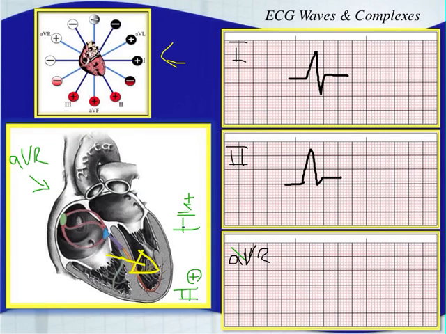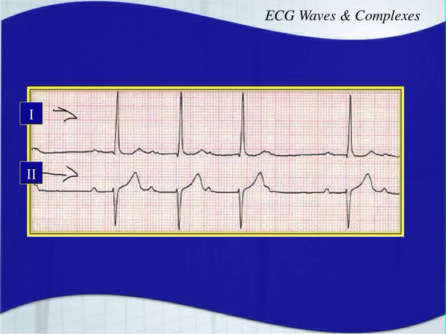And then if I was looking at it from AVR, it would be almost completely negative because that yellow arrow is going almost completely opposite of AVR, where AVR is looking at it from. So that's giving you an example of why the EKG rhythm will look different depending on what lead you're looking at it from.